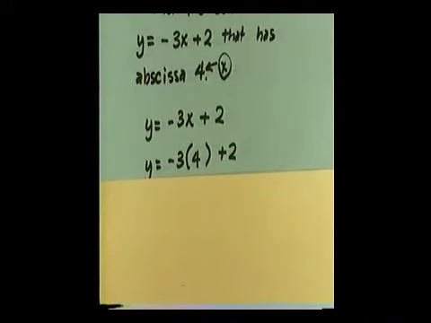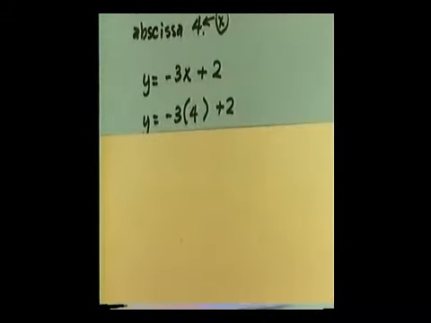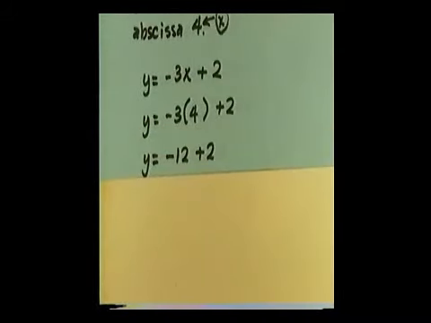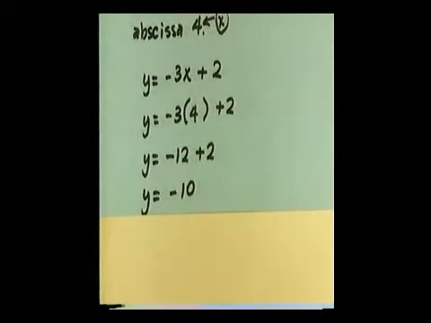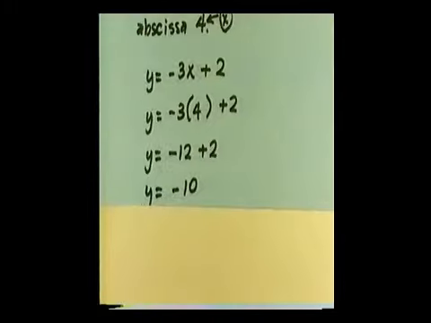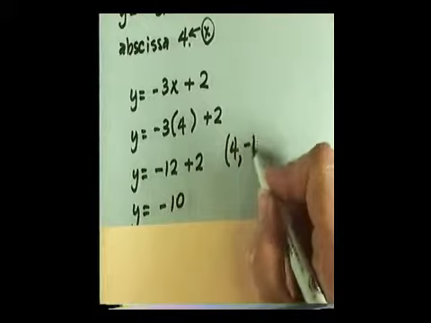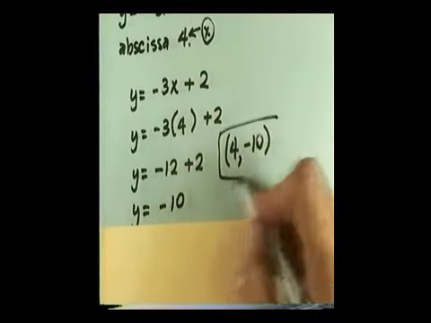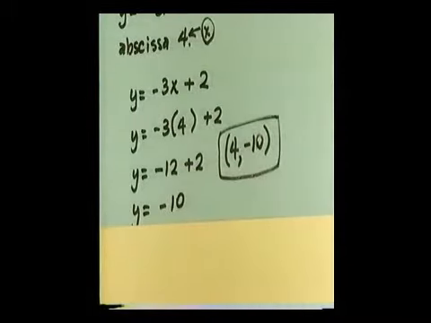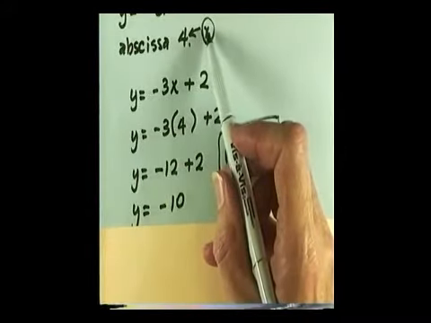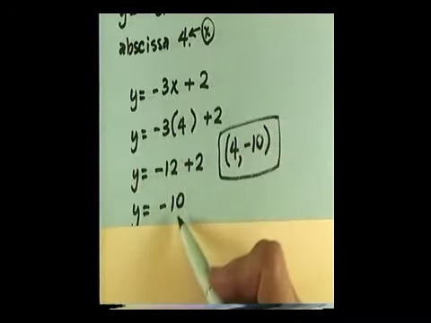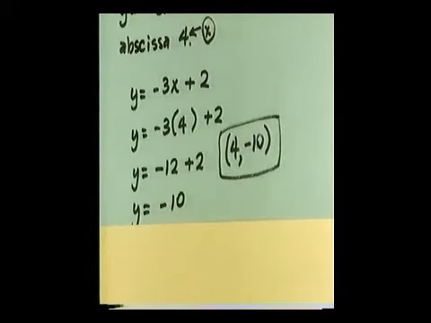So y equals negative 3 times 4 plus 2, which is negative 12 plus 2, which is negative 10. So the solution of the equation is 4 for the abscissa and negative 10 for the ordinate. Our solution is 4, negative 10. So when we're given one portion of the ordered pair, we can simply substitute in and solve for the other portion.